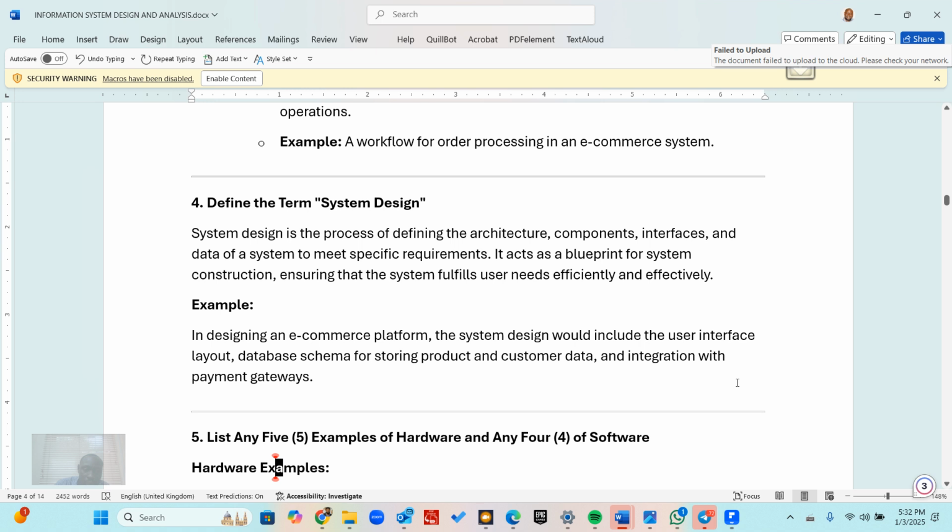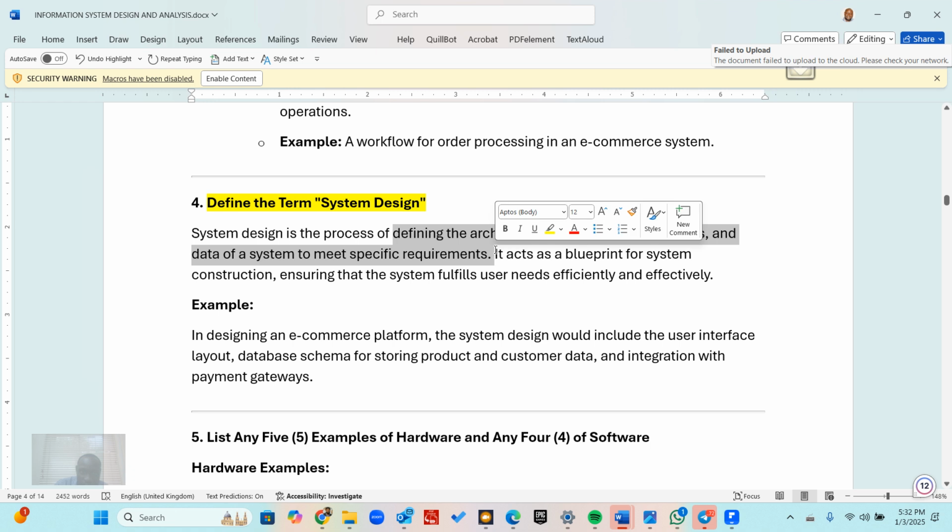Let's go on to define the term system design. System design can be defined as the process of defining the architecture, components, interfaces, and data of a system to meet specific requirements. Please don't forget this definition.